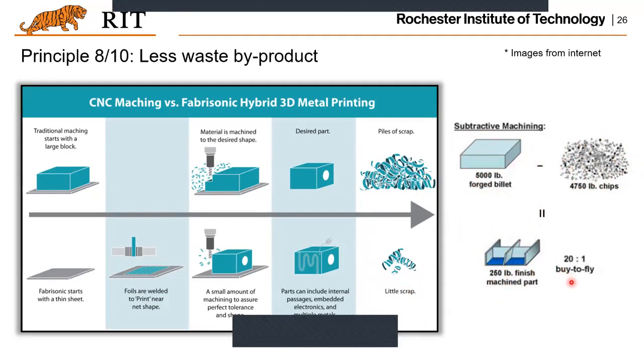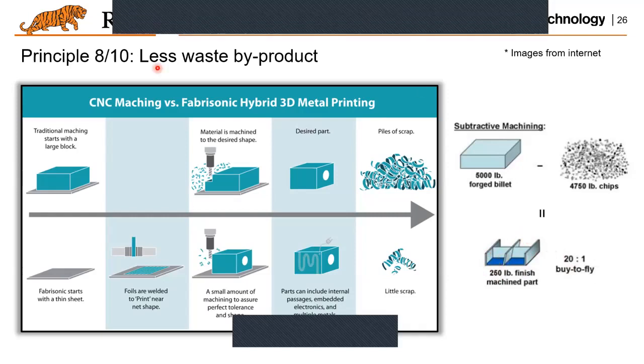And it turns out it's a 20-to-1 buy-to-fly ratio, which is really a big waste. So just imagine if we 3D print it, basically very little material is required, right? So that's the case if we talk about there being less waste by production using 3D printing.